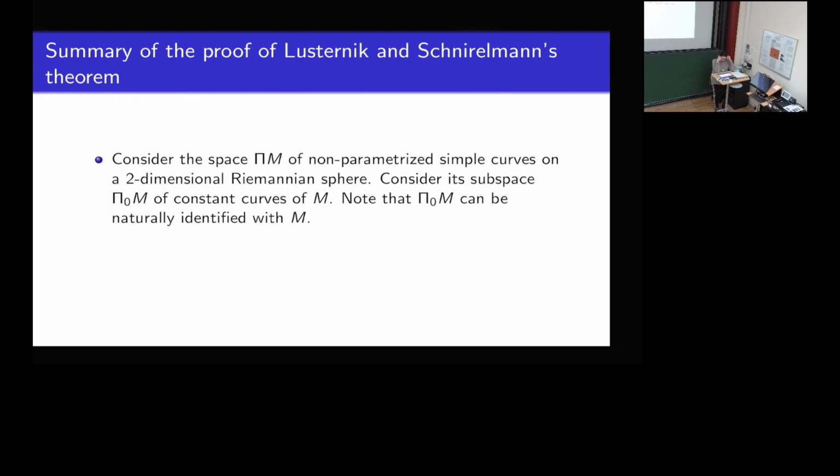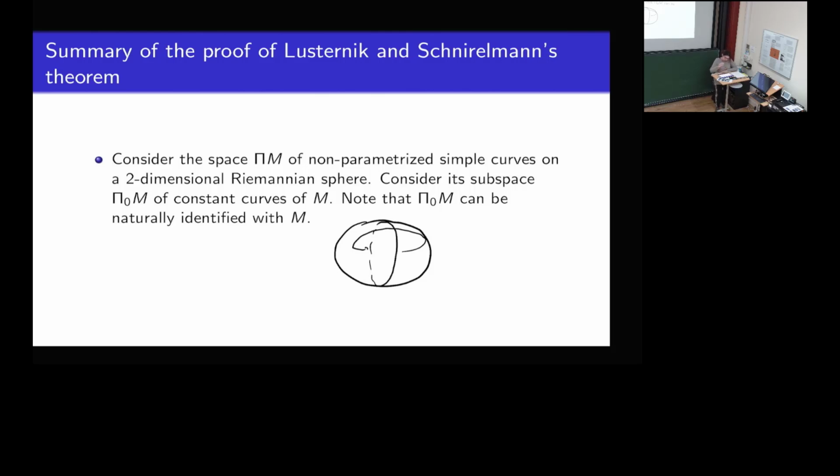In particular, what we want is that if we start with a circle like this and rotate the circle by 180 degrees, we have the same object. And that's why we want those curves to be non-parameterized.